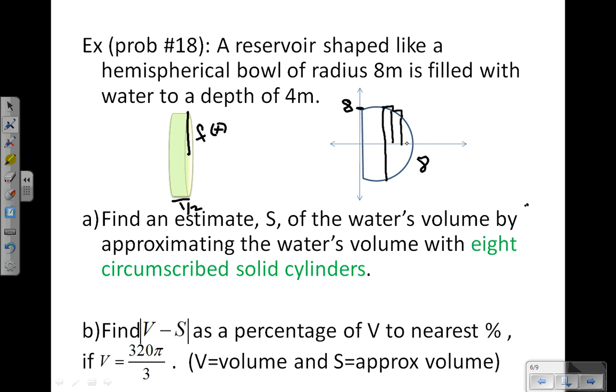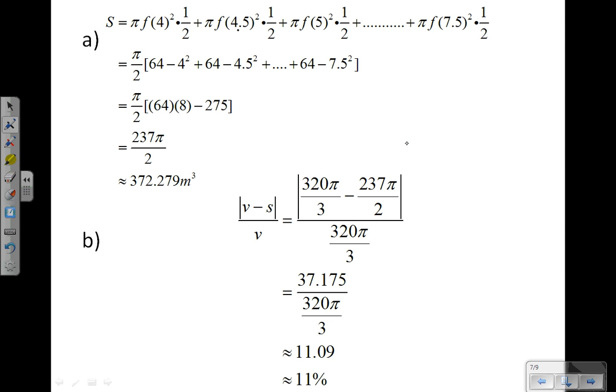Okay. The second part asks you to find the difference between the actual volume and our estimate as a percent or percentage of the actual volume. Okay, so in part B here, when we want a percent, it's part over whole. So when I look at V minus S, whatever the difference is, divided by the actual volume, that will give me my percent.